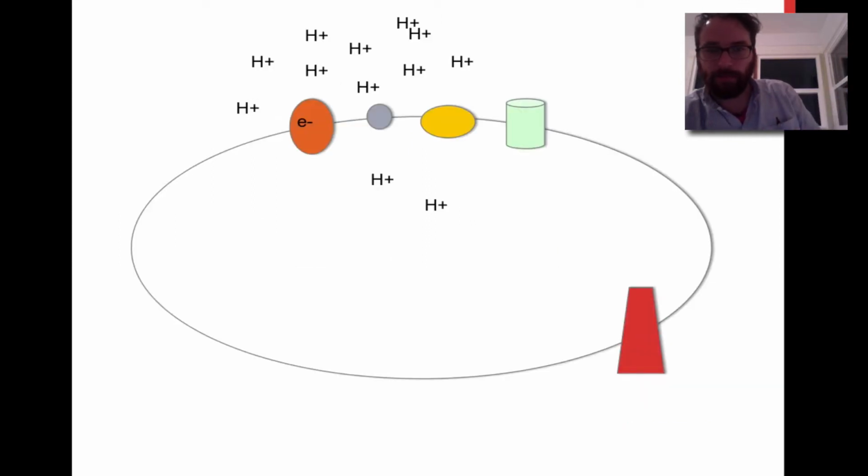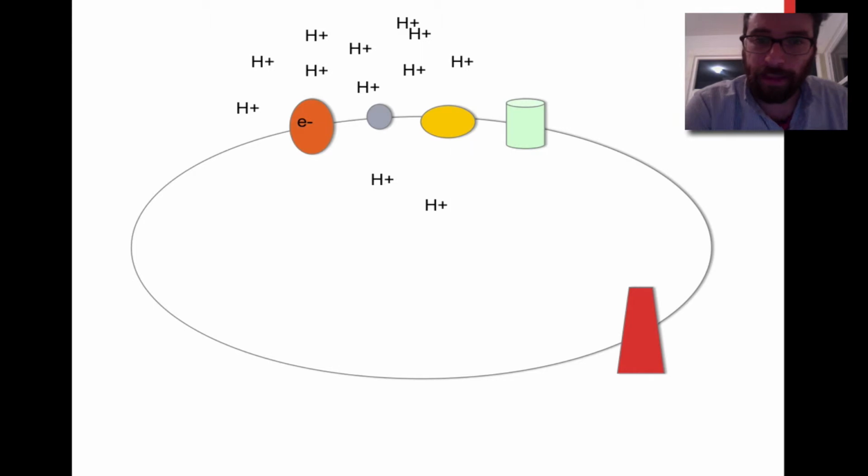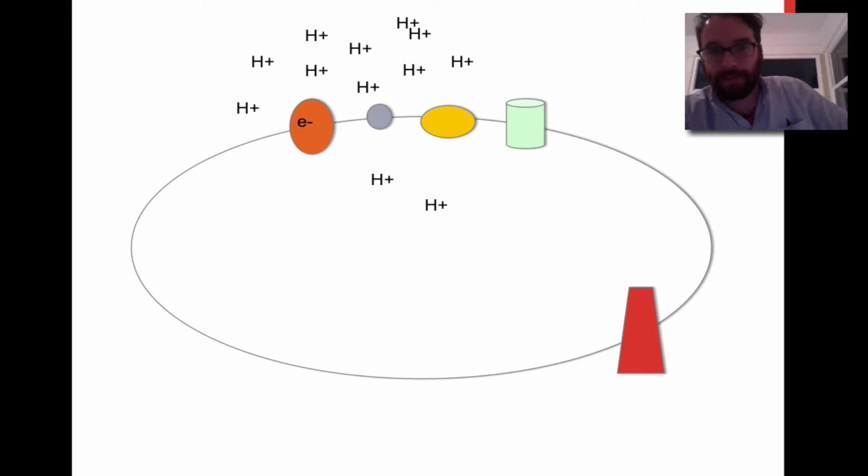Here's what's happening. The ellipse you see, the flattened circle, that's a thylakoid. The orange, gray, yellow, and green structures at the top, those are the molecules of the electron transport chain. Down at the bottom is a second molecule called ATP synthase. We'll get to that later. As the electron moves through the chain, it's pumping hydrogen ions into the thylakoid.